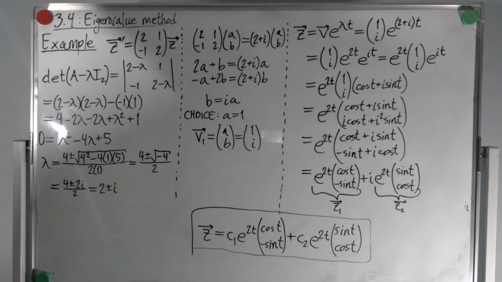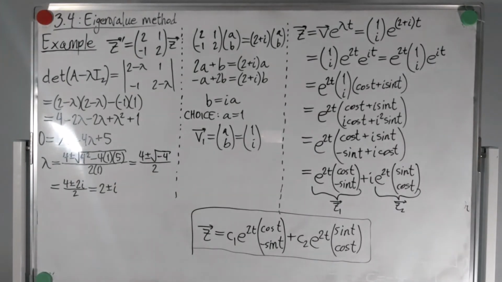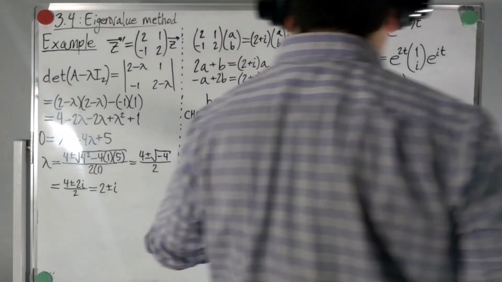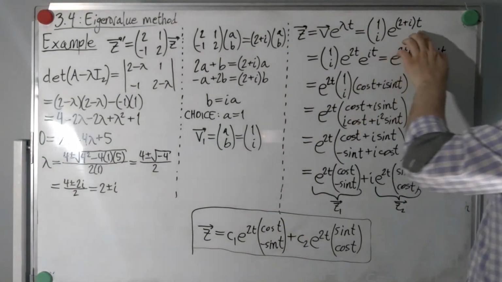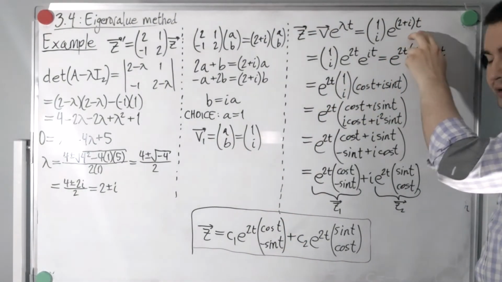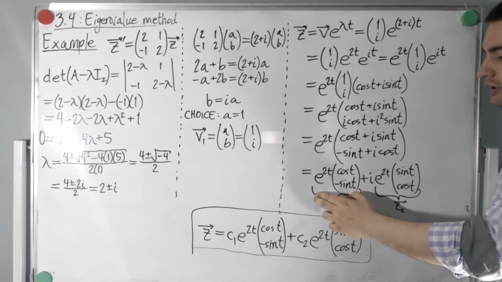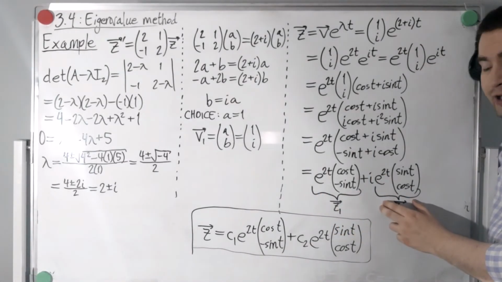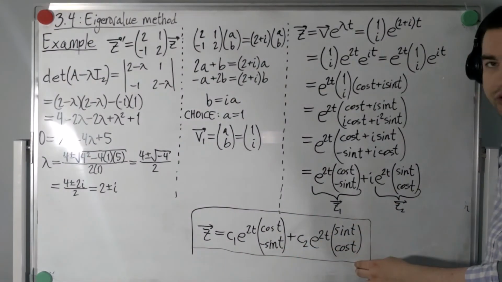And that is our general solution. Okay? So when you have non-real eigenvalues and non-real eigenvectors, what you'll have to do is apply Euler's formula in order to get a linear combination of the real and imaginary parts. Then those form your basis solutions.